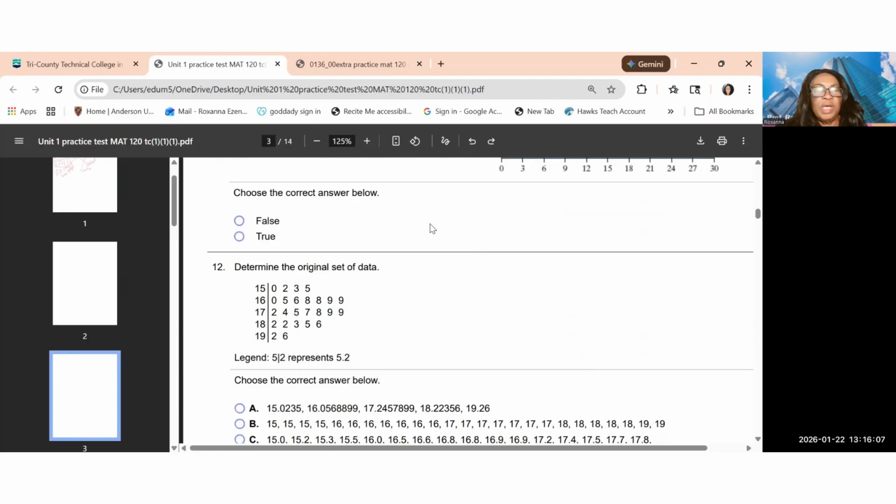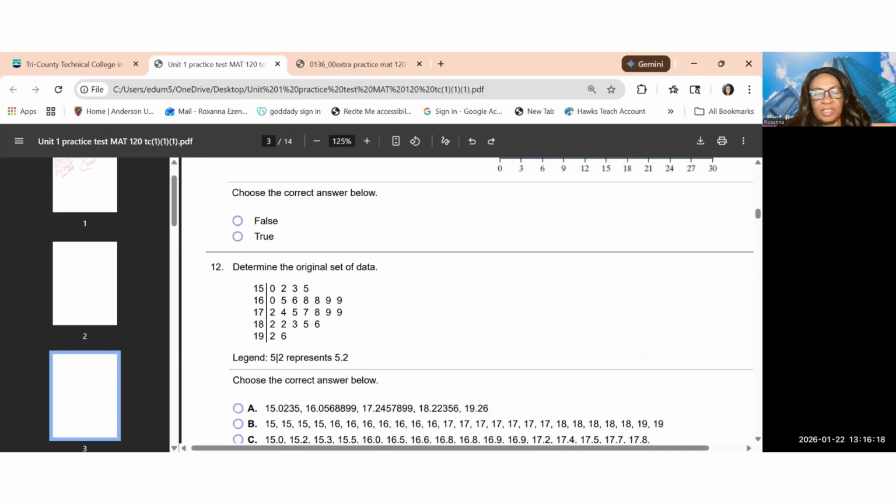All right, 2 days ago we talked about stem and leaf plots, so we shall also talk about stem and leaf plots today. Let's look at the stem and leaf plot given to us here. We can be given a stem and leaf plot and told to answer questions on it. Determine the original data here. We are given the legend.